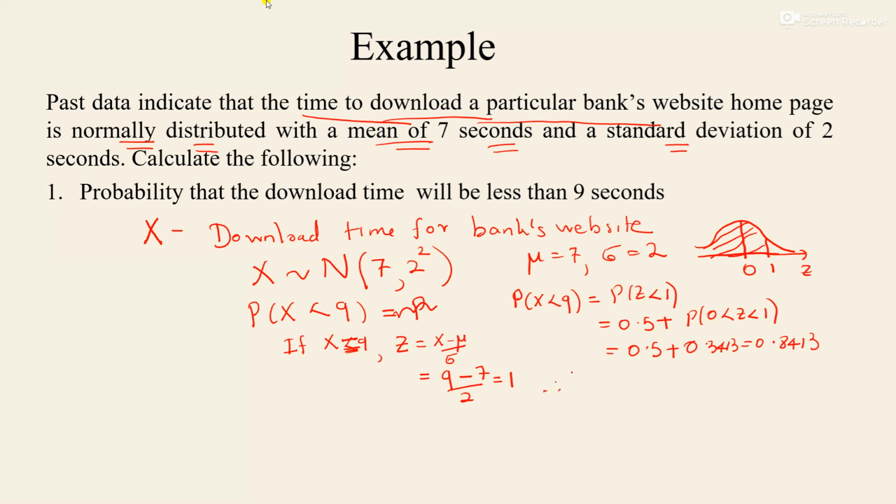The probability means that 84.13% of downloading times are less than 9 seconds.